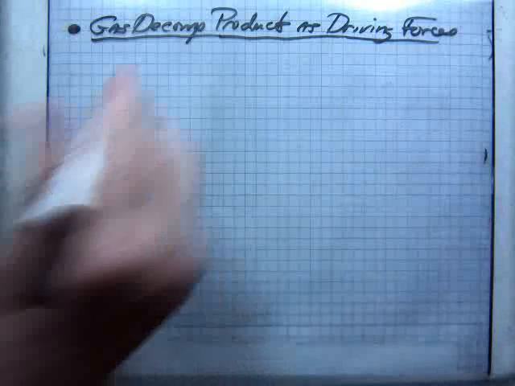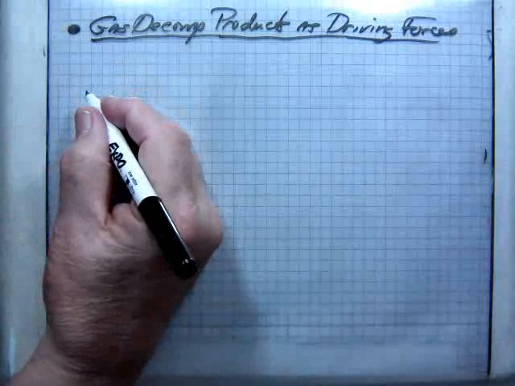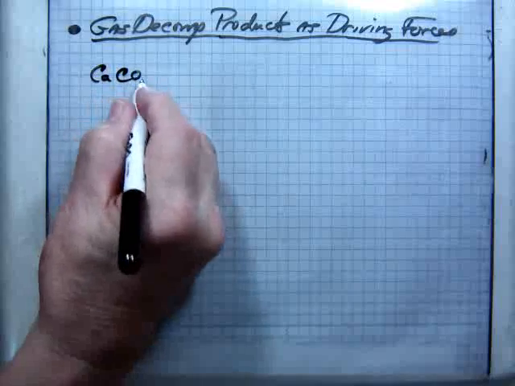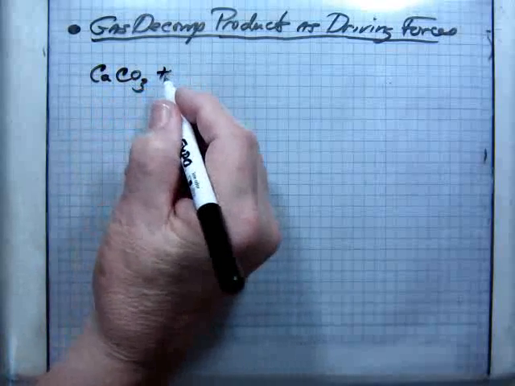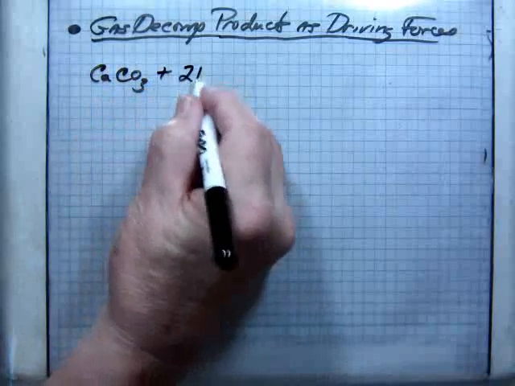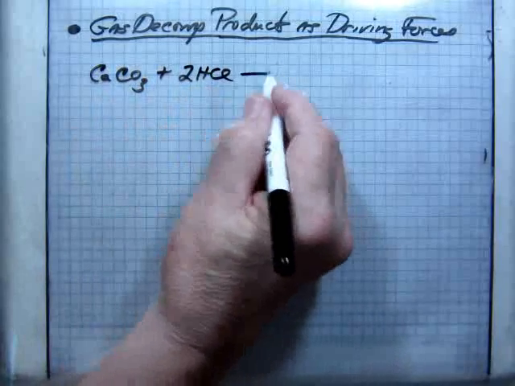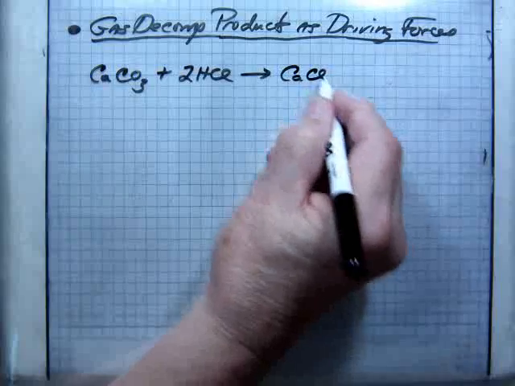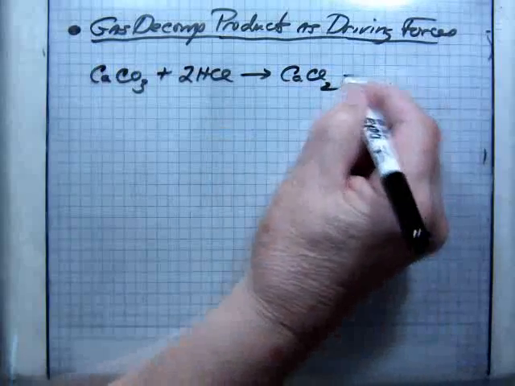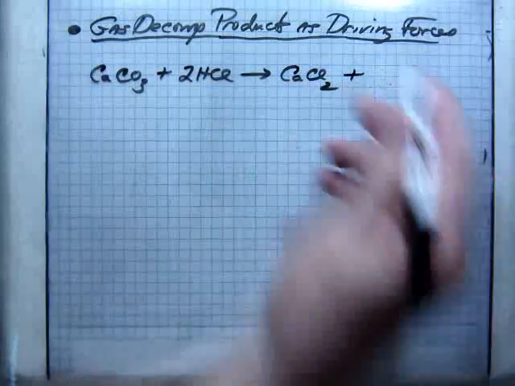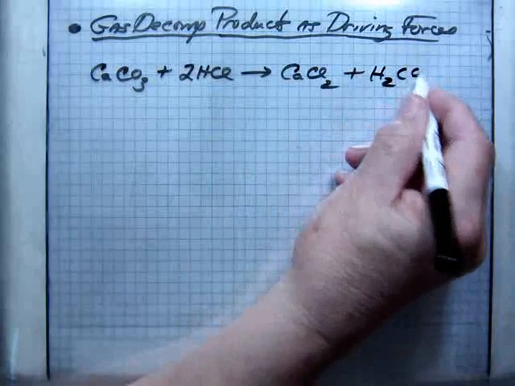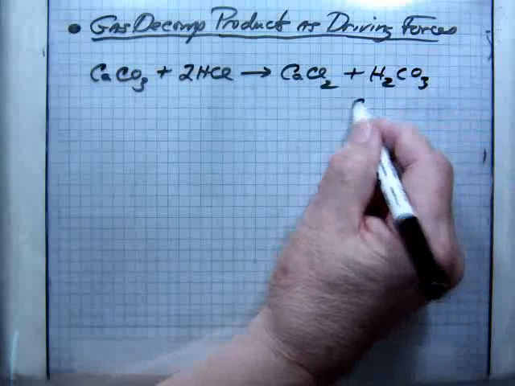For example, if you had a reaction between calcium carbonate and HCl, the outcome of this would be exchange, just like we've been teaching, AXBY goes to AYBX, and you would have H2CO3 on the end. This is carbonic acid.